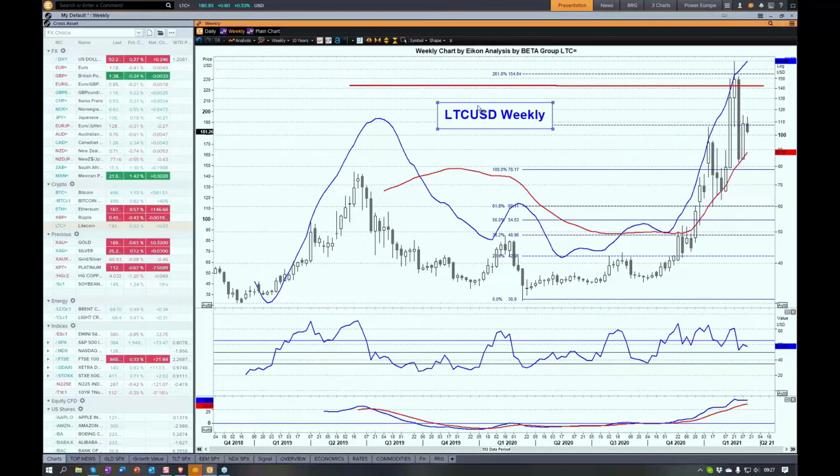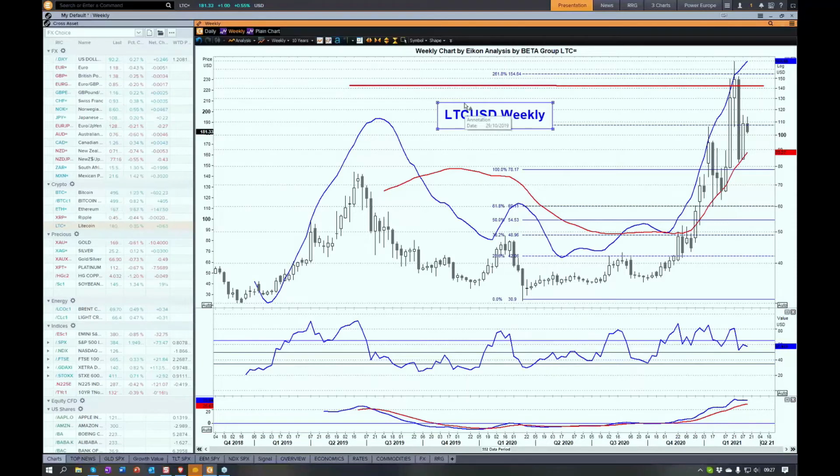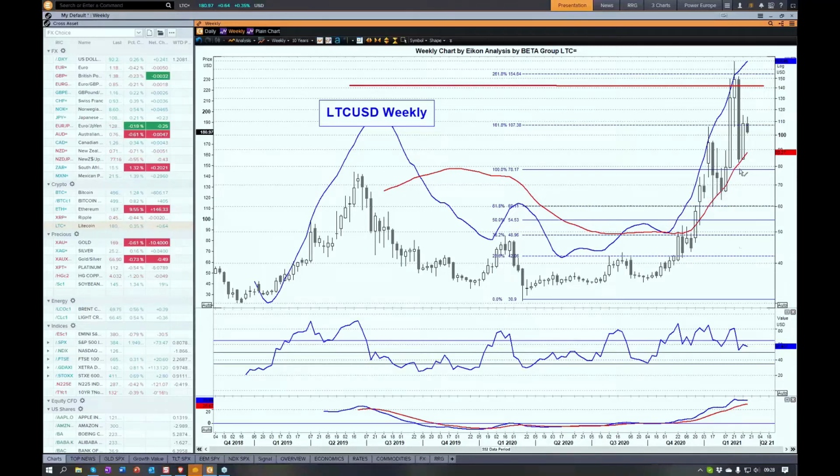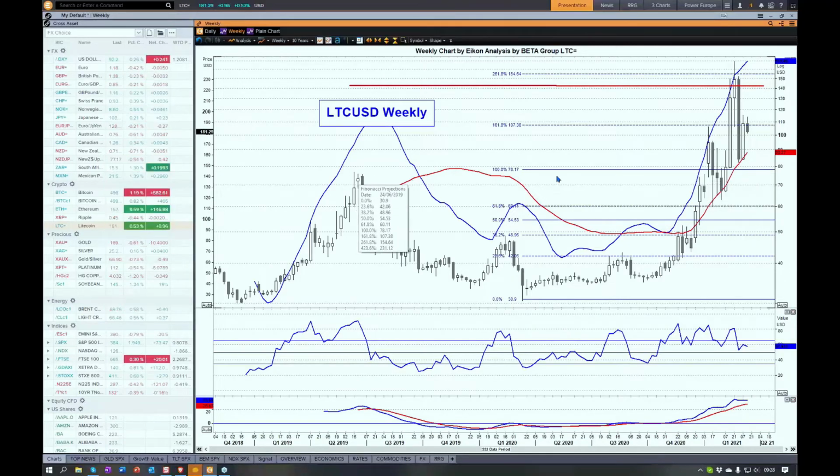We consolidated there, then broke and surged ahead, touched the 161.8% level at 107, pulled back hard from it, then burst through it and went straight to the next one. You notice how when we break one level, we go straight to the next one there. And now we pull back hard from that and come back nearly to the 80 level, which would have been the 100% level and the previous high here.